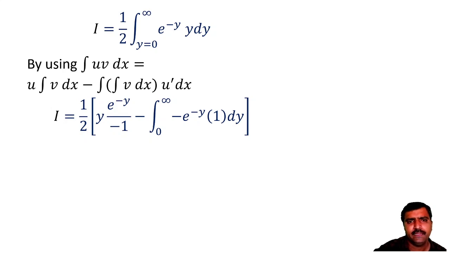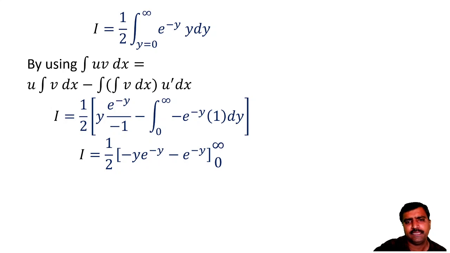Integration of e to the minus y is e to the minus y by minus 1, minus integration from 0 to infinity of the integration of the second, that is minus e to the minus y, into differentiation of y, which is 1, into dy. In the next step it gives 1/2 into minus y e to the minus y, minus of minus, plus, again you integrate e to the minus y, it is e to the minus y by minus 1. That minus I have written here, that is why the minus came here.